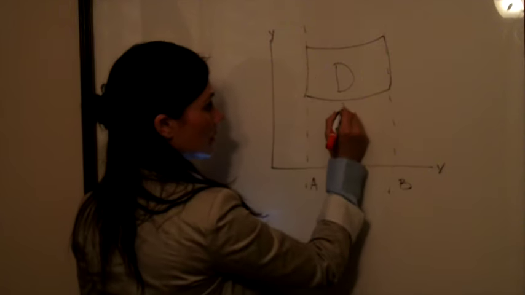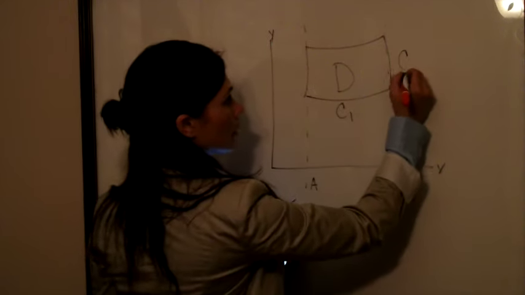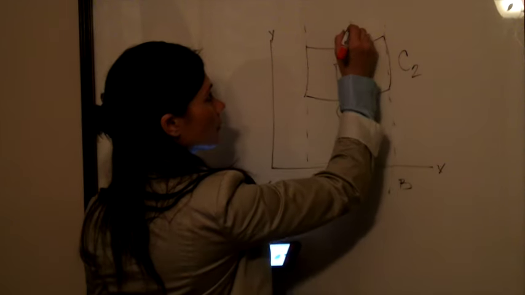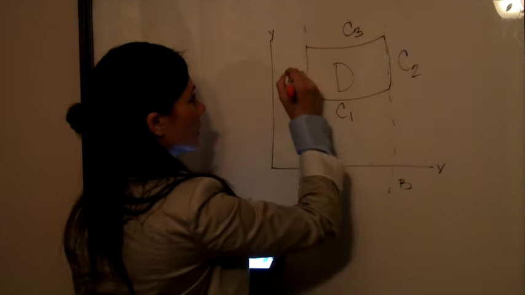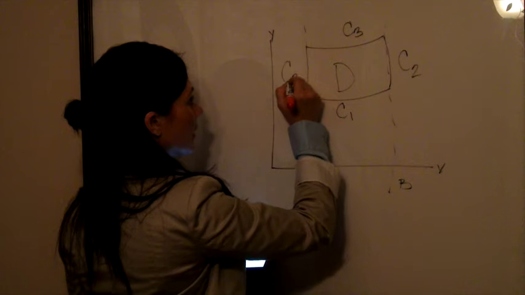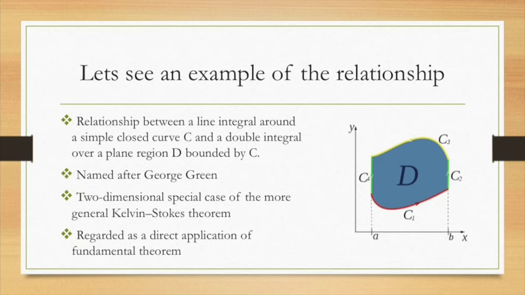We can call these C1, C2, C3, and C4. The relationship between the line integral around the simple closed curve C and the double integral over the plane region D, which is bounded by C.